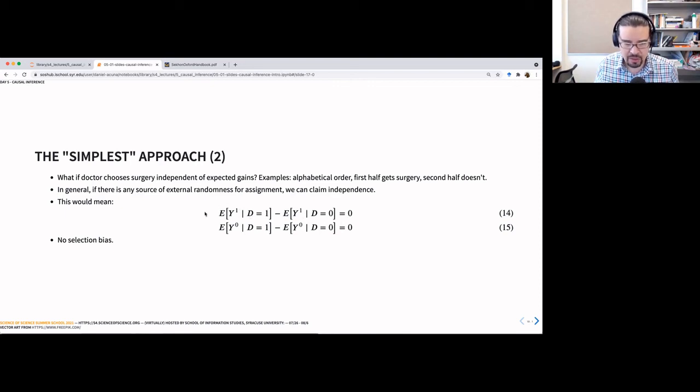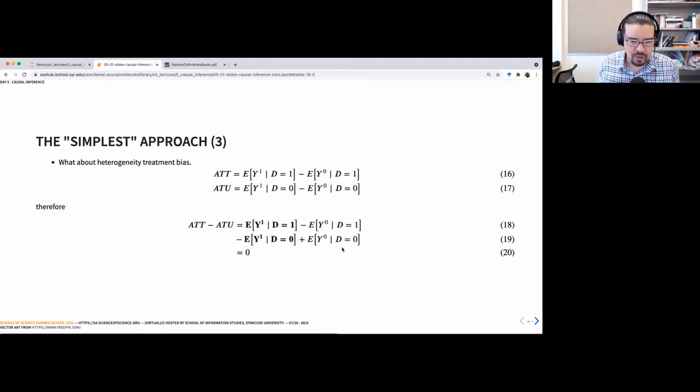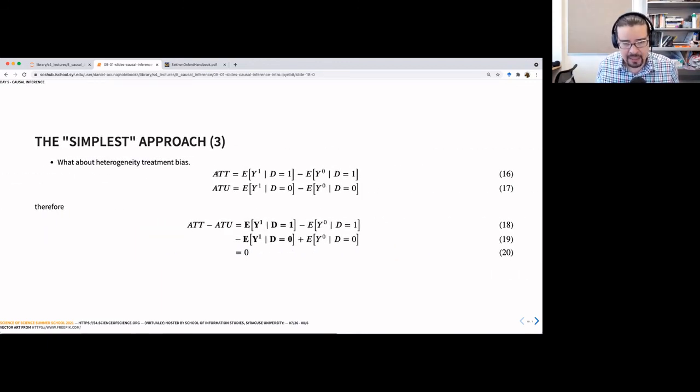The expectation value of the observation minus the counterfactual is 0, because you just get randomly assigned. So on average, it will be the same. So there is no selection bias. And if there is no selection bias, then there is no heterogeneous treatment bias either, because everything is just randomly assigned.